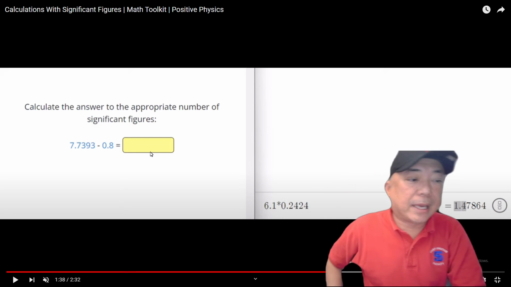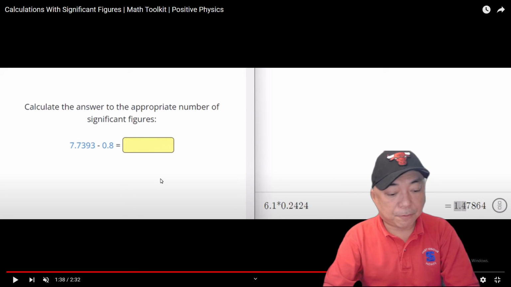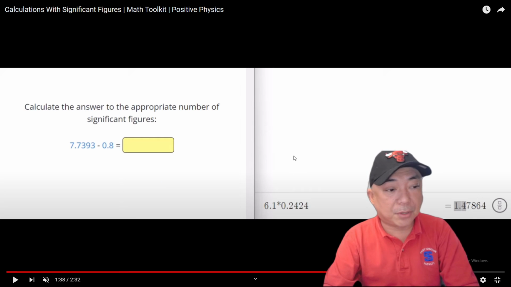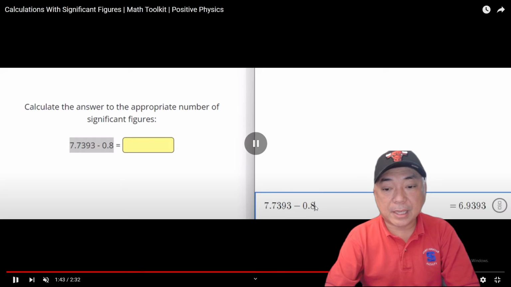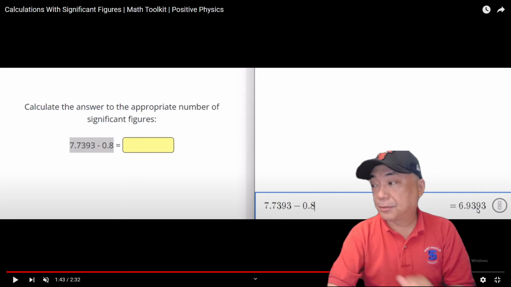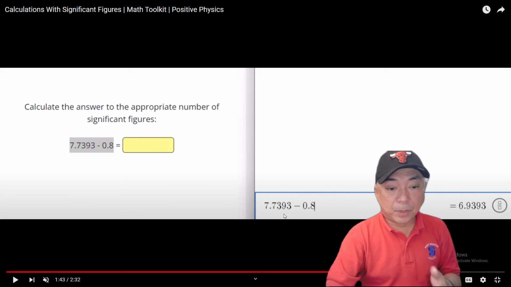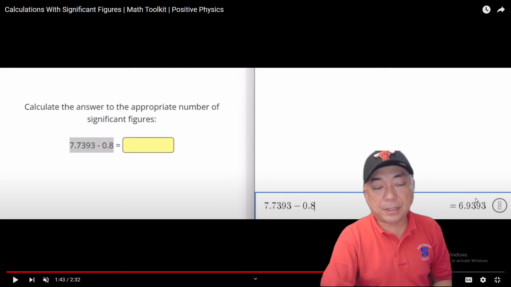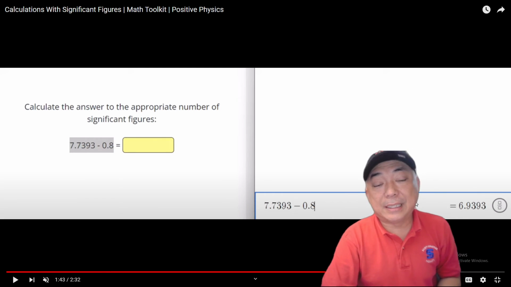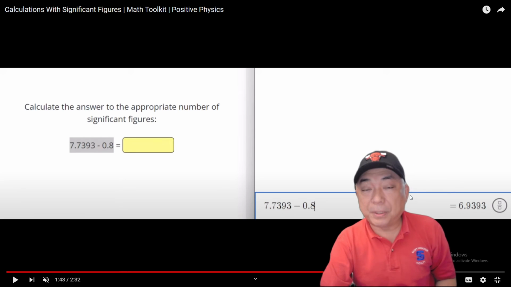All right, if we do the math on this one, let's wait for the calculator. The calculator gives you 6.9393. So 7.7393 minus 0.8 gives you 6.9393. And since we only need one decimal place, what should be the answer?